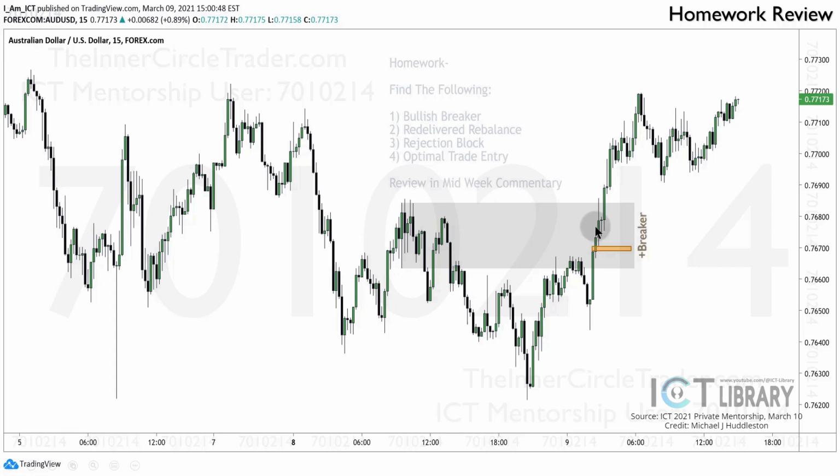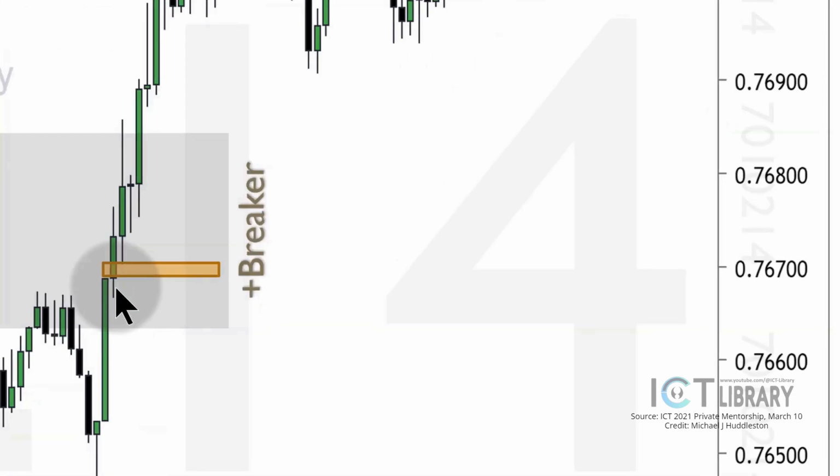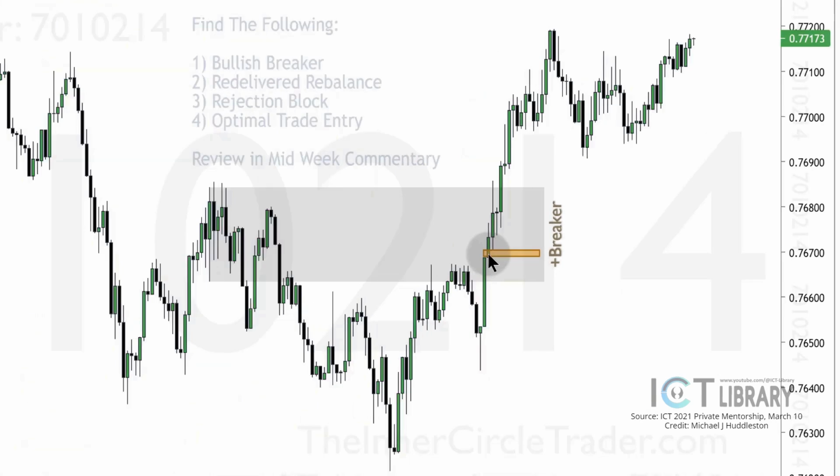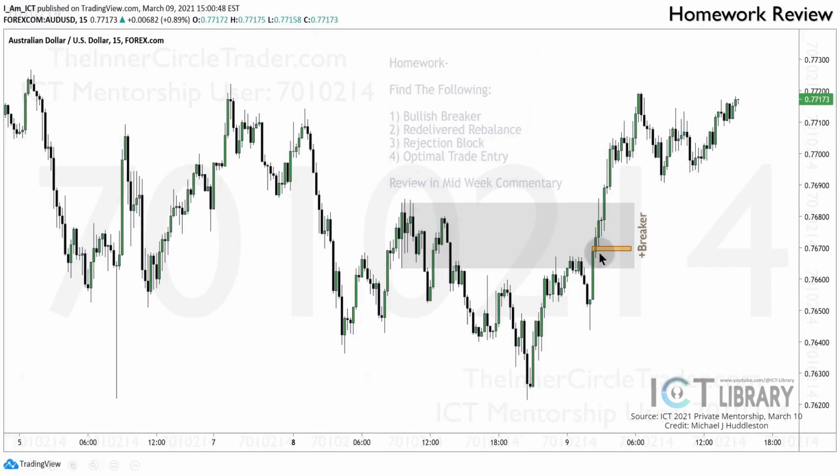So we don't use this candle at all. We ignore this candle. So with that in mind, what are we framing? We're framing this candle's high right here and this candle's low. There's your redelivered rebalance. There are two different kinds of redelivered rebalance, but this is the one being shown here.